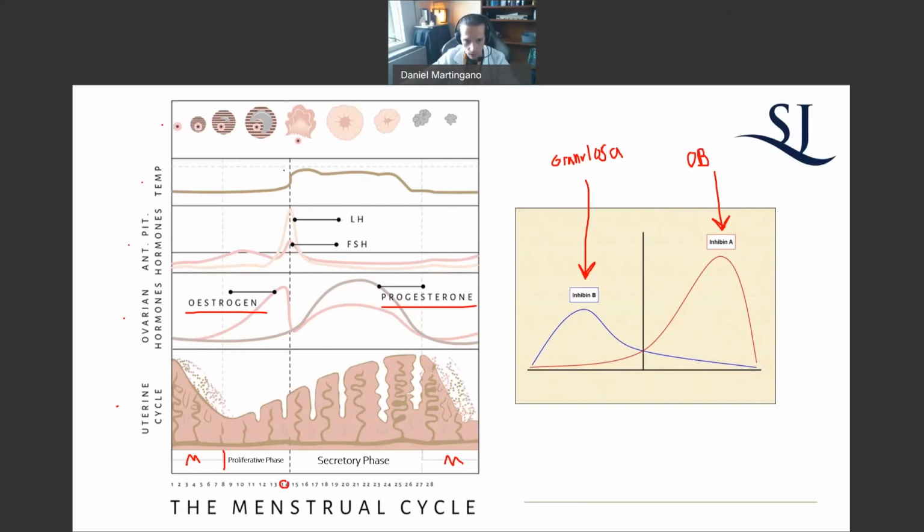That's 14 days, and you could see from day 14, you go up, you'll see the egg being released in this image here. Estrogen will increase the lining of the uterus, okay? But this increase is only sustained in the secretory phase by progesterone.